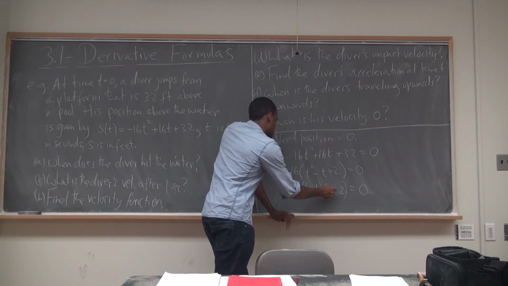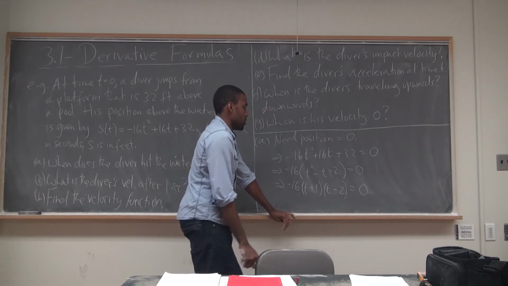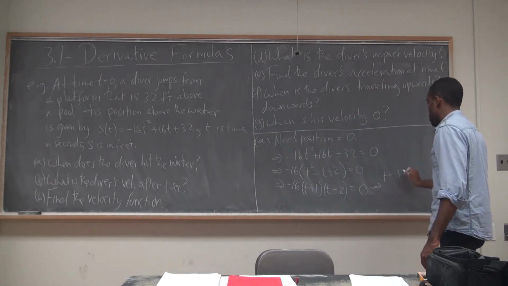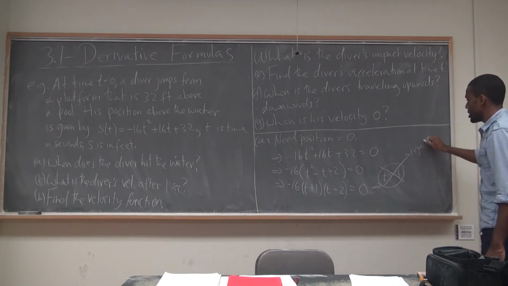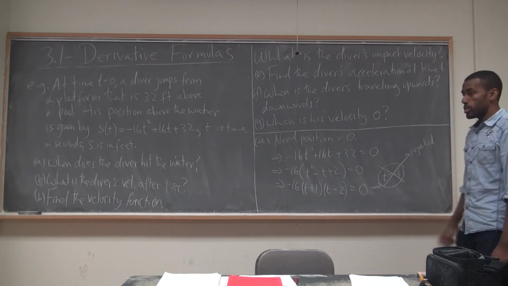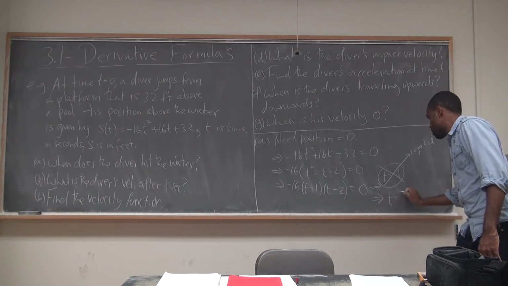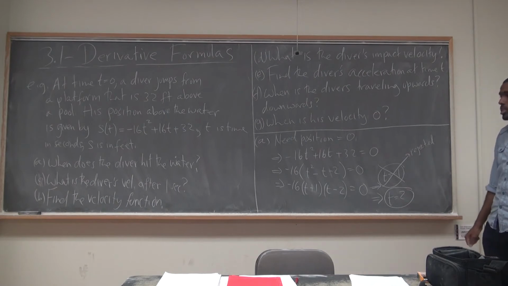So it's a minus 2 and a plus 1, right? Either t equals minus 1, which is rejected because t is representing time. This is not quantum physics. So t equals 2 is the answer we're after. After 2 seconds, he will hit the water.